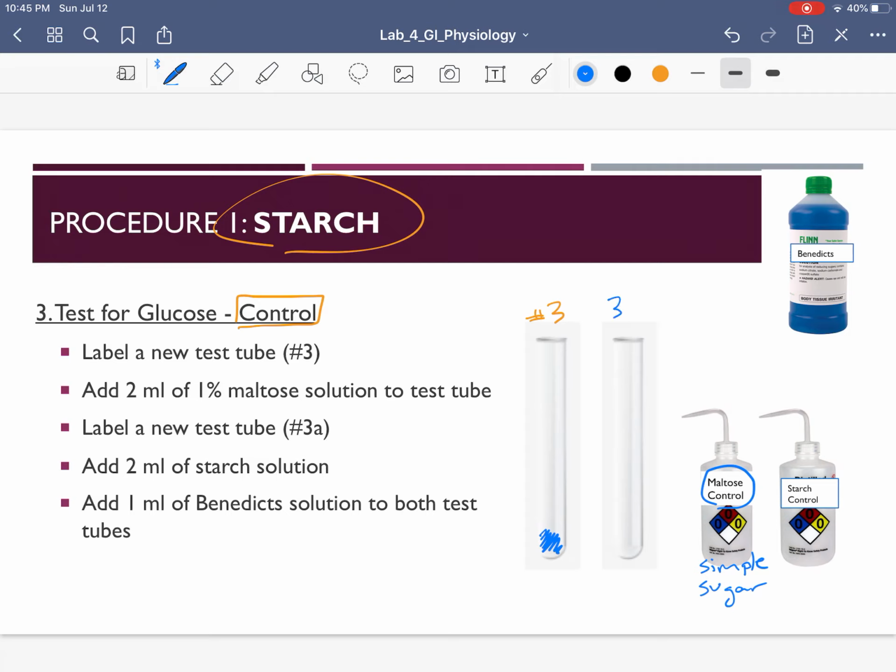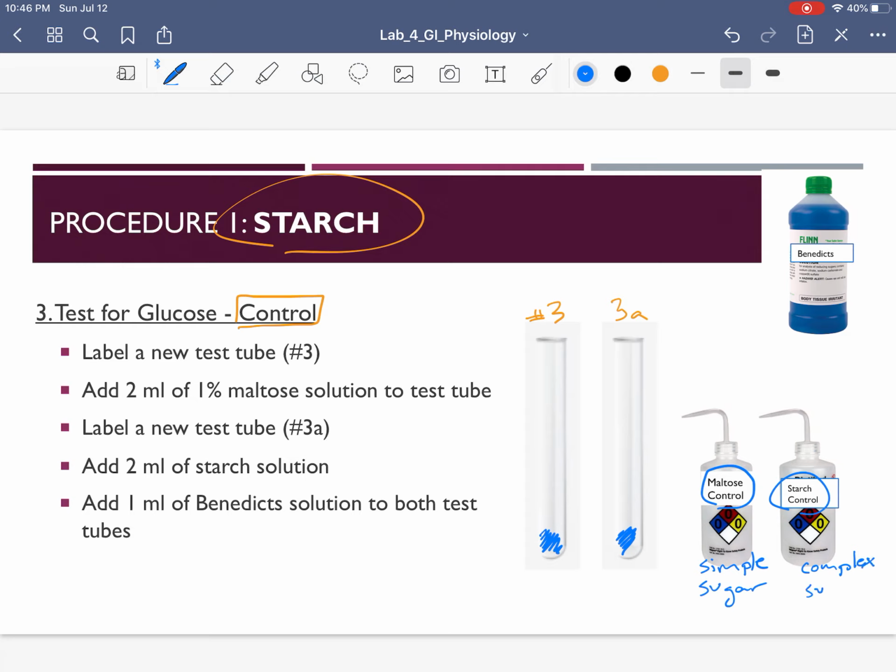To test tube 3A, let me actually do the same colors as before. To another test tube, 3A, I'm going to add the starch solution. So to test tube 3A, I'm adding starch, which is a complex sugar.